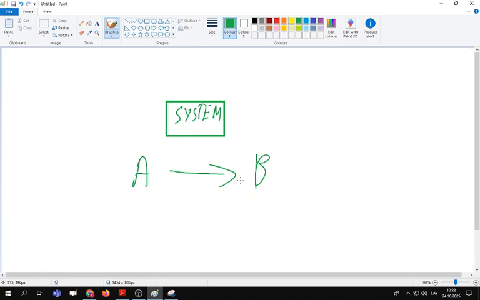It is going to take some time for the system to go from one stable state into another stable state. So, for example, we can discuss some electrical circuits.